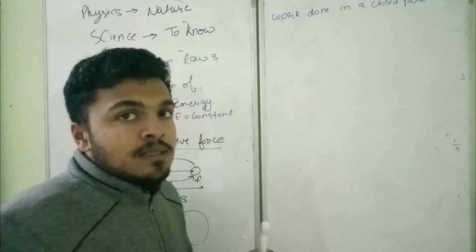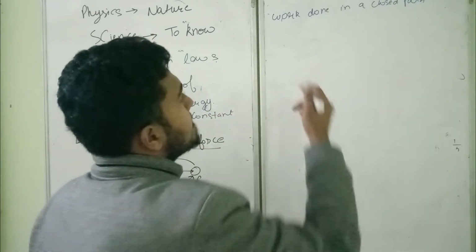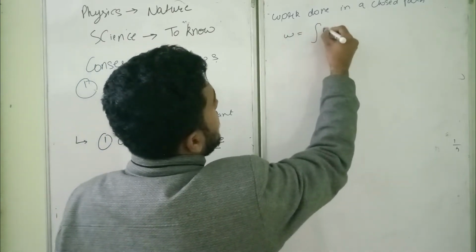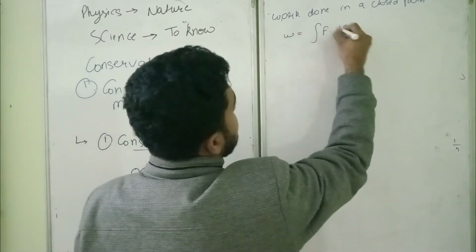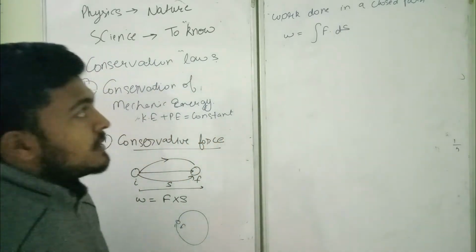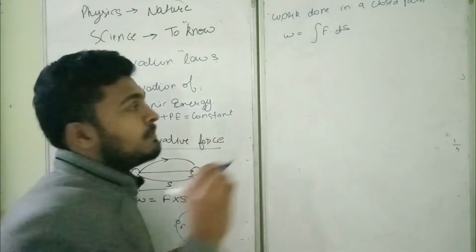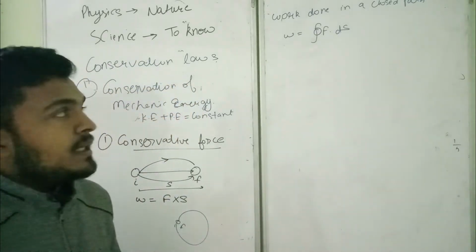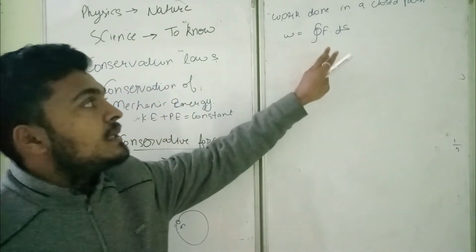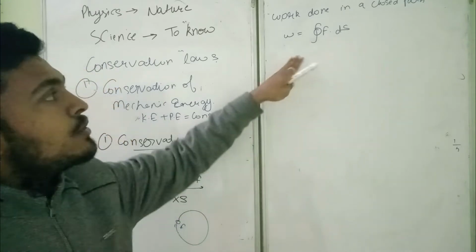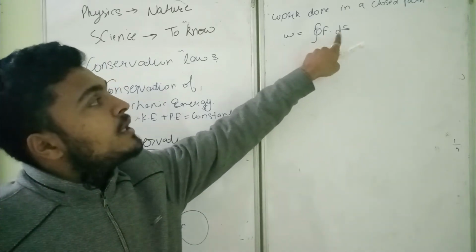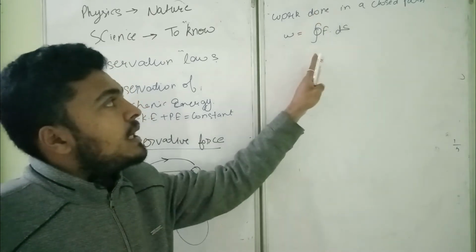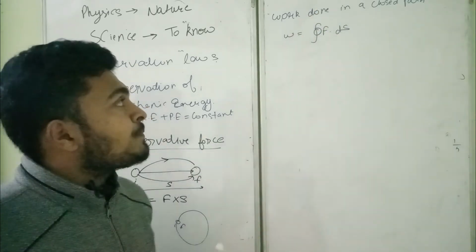The work done in a closed path is given by work done is equal to the integration of F dot ds. This is the work done in a closed path, so we will draw a circle on the integration sign to show that this is the work done in the closed path. It only means force into displacement, but we are integrating it.